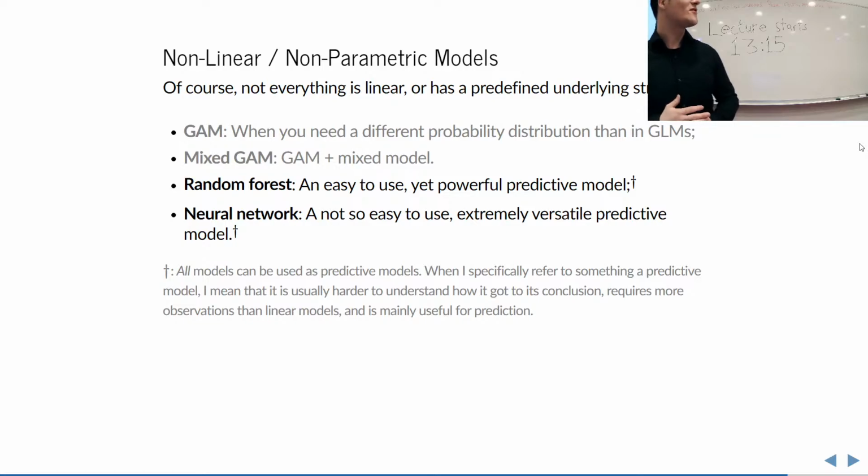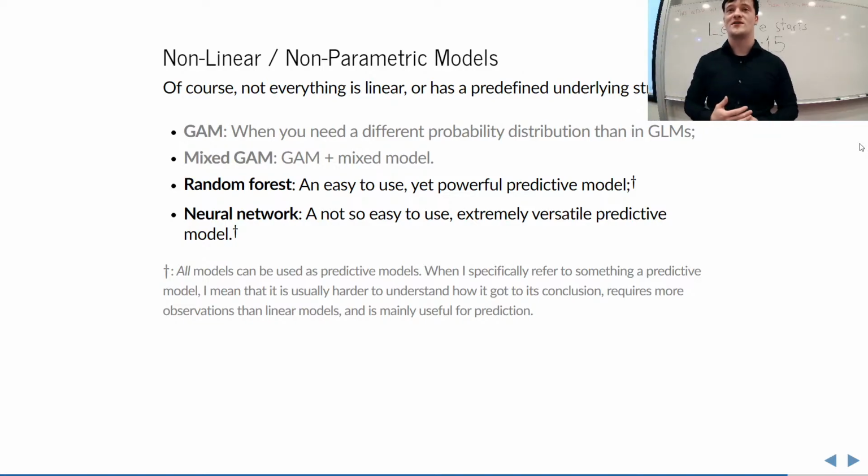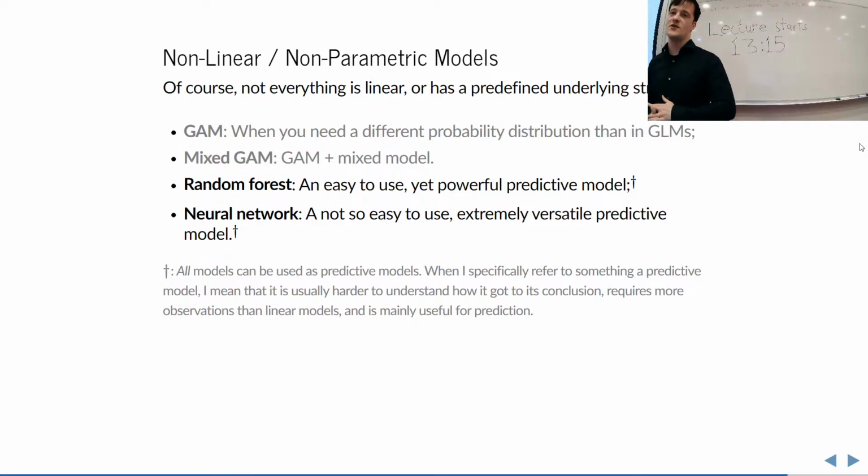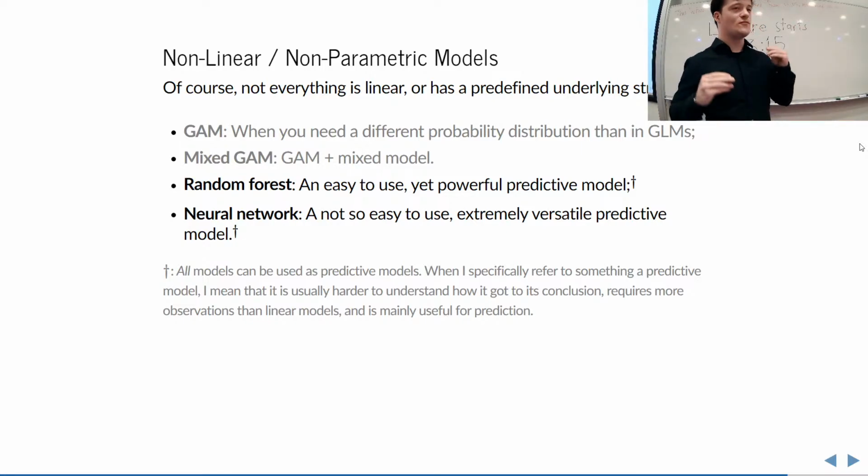Now, then neural networks. We think this is a very important subject to know a little bit about, because it has such a major impact on society at the moment, and also research. It is very difficult to use, not because it's conceptually very difficult, because it's still a form of regression, just no longer linear and no longer parametric. But it's really versatile. You can do many different things. The thing is, though, the first thing you should really learn is how to know that your model is actually doing its job.